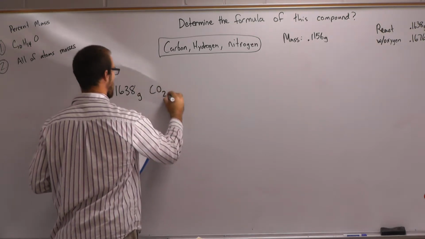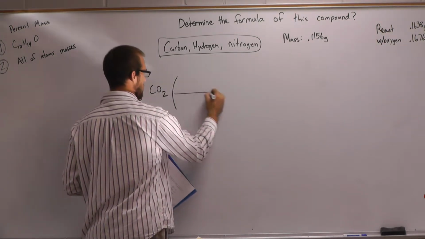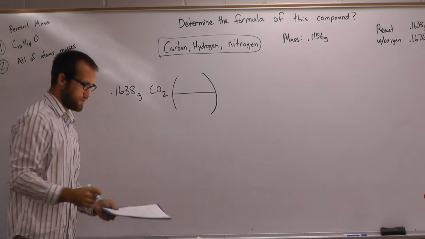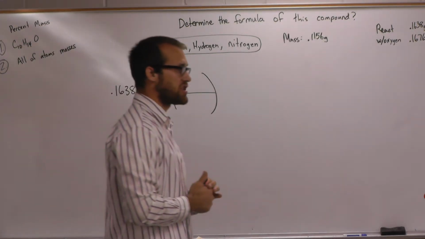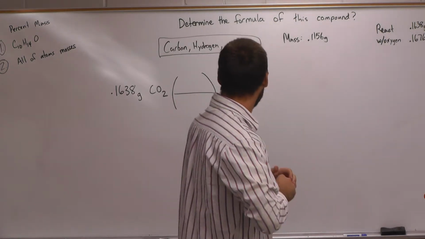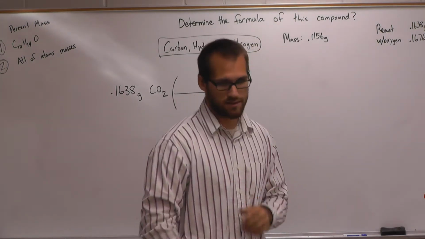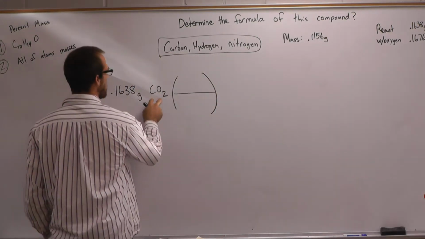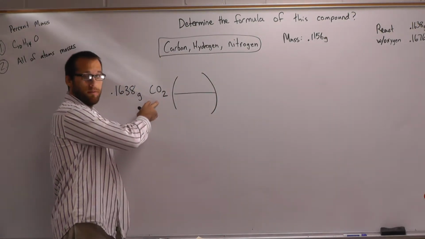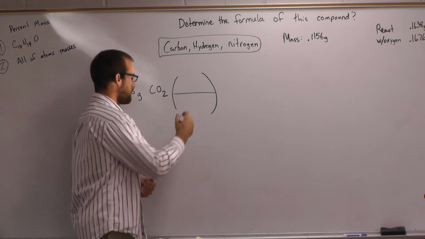Here's our CO2. Is there any ratio that we could do that would allow us to get just the carbon mass out of this? Notice how we just have two things here. That's important. It's 44.01 total.